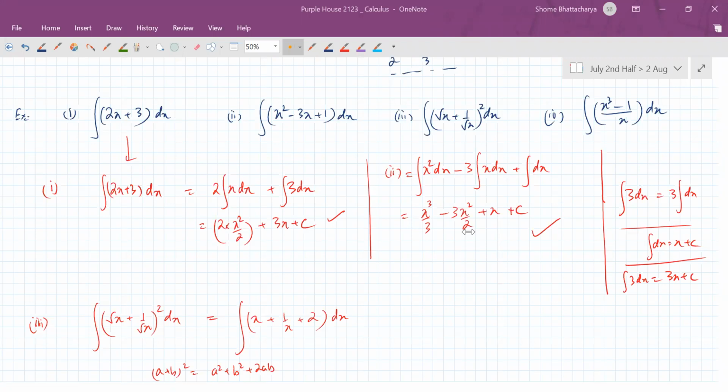Yes, Sanvi, your answer is correct. Very good. Rishita, your third one is also correct. Very good. So third and fourth both are correct.